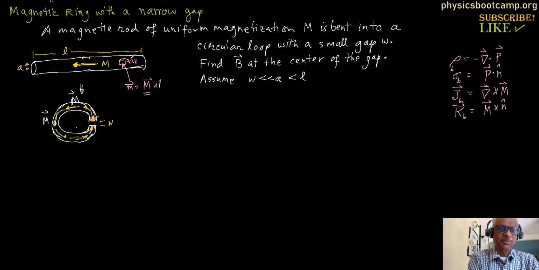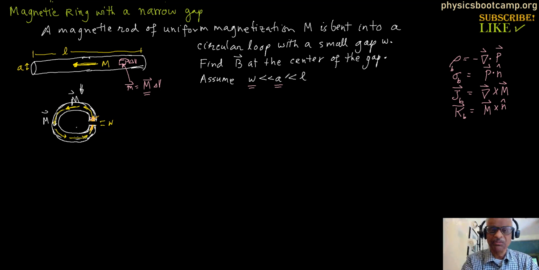Okay, so we have a uniform rod and we just bend it, and there is a gap which is very tiny. The gap is much less than the radius of the cross section, and much less than the length.